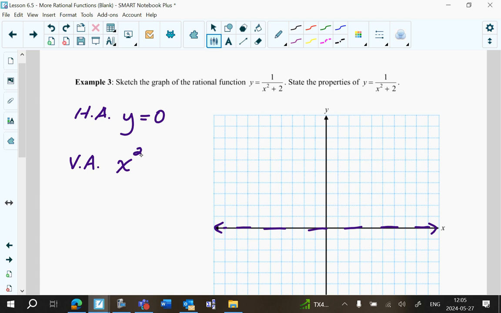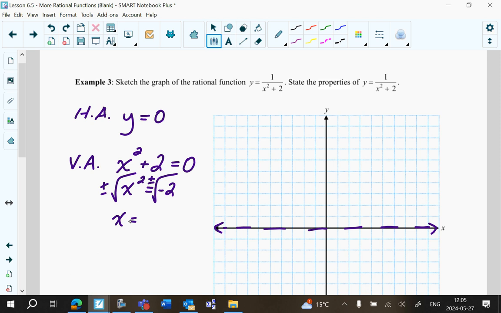There's no x term, so I don't have to factor. I just move the 2 over to make it -2, and take positive and negative square root. And I get x equals, what is the square root of -2? There's no solution.